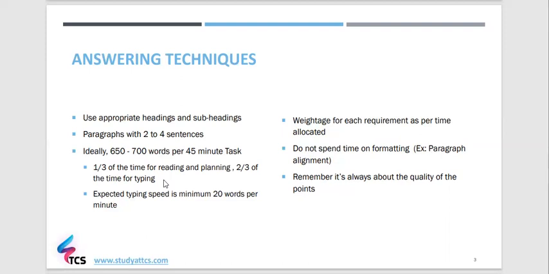I said about answer structuring or answer plans. So you have to first read the question, then come up with an answer structure or an answer plan, which will take 15 to 20 minutes of your time. And the remaining time, which is 25 to 30 minutes, can be allocated towards typing the answers.